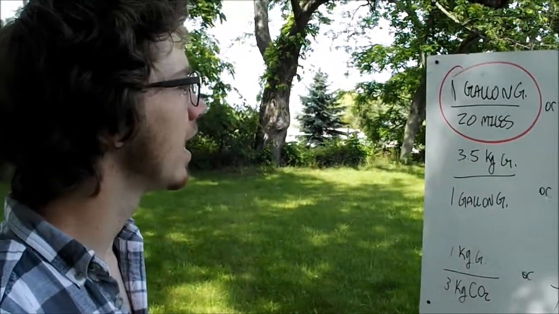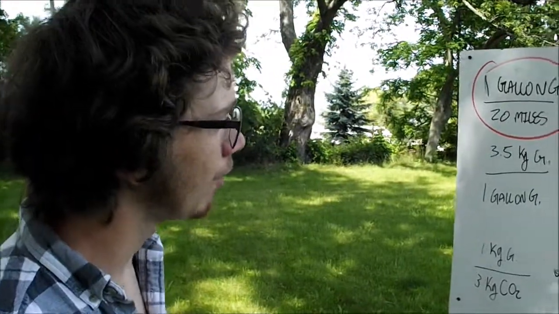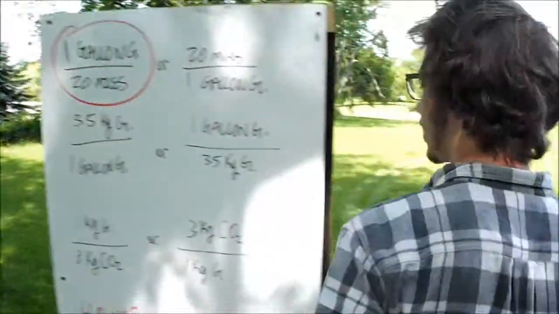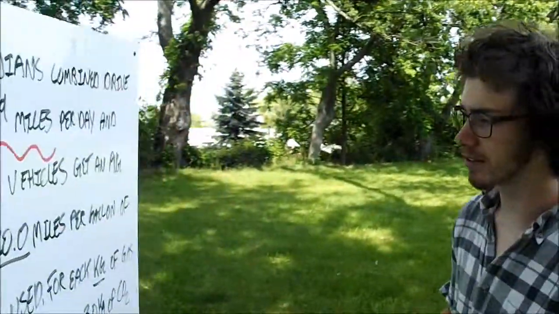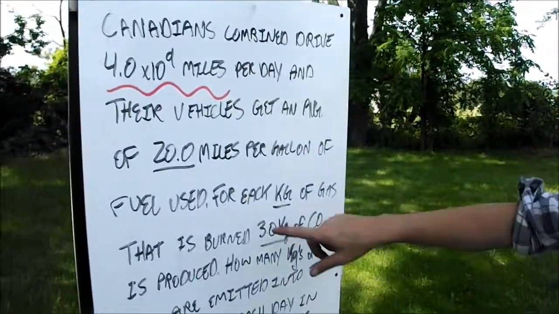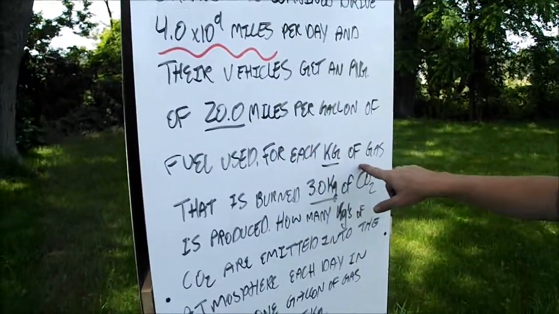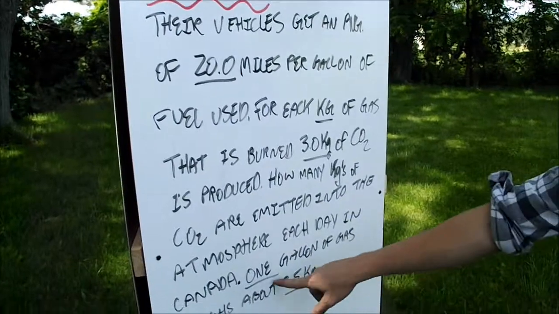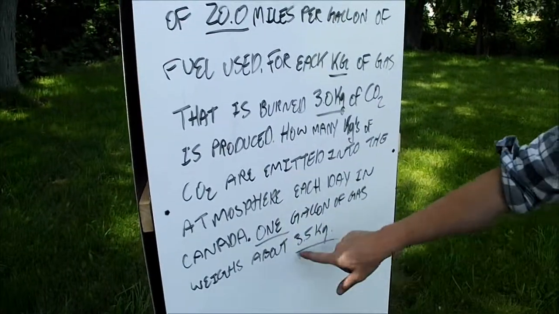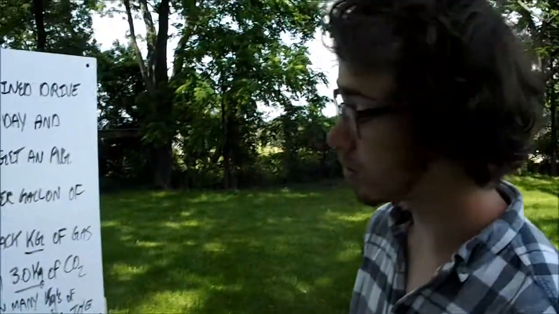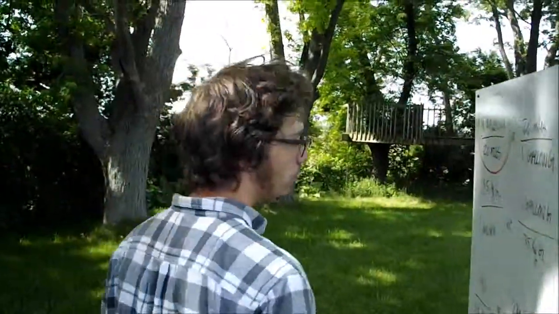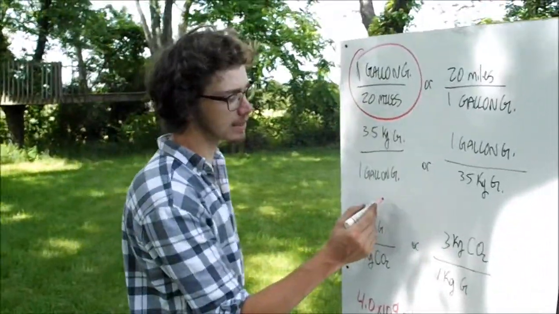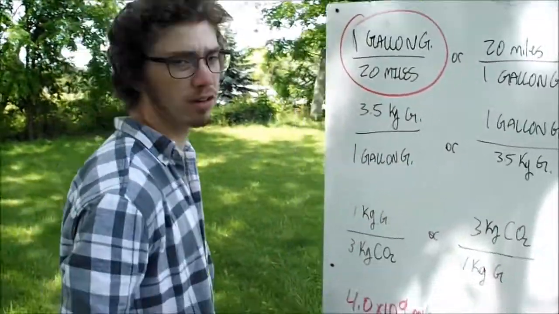Now we want to convert gallons of gas to something, and which conversion factors from our question give us gallons of gas to something else? Well, 20 miles per gallon, nope. Kilograms of gas that is burned, nope. But at the bottom, 1 gallon of gas weighs about 3.5 kilograms. That's a new conversion factor. So for every 1 gallon of gas, there's 3.5 kilograms of gas.